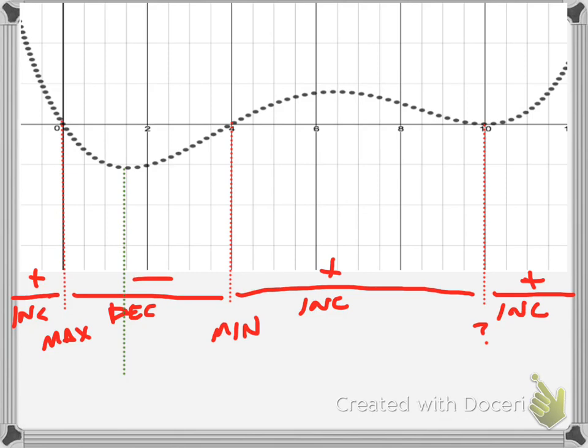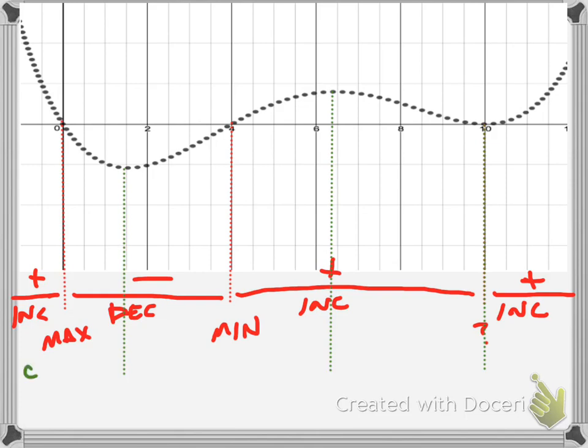Again, we're looking at the derivative, and I notice that the rate of change continues to decrease to this point here. That means your graph is going to be concave down, and then your slopes are going to continually increase to this point. Then they're going to continually decrease until they get to 10.